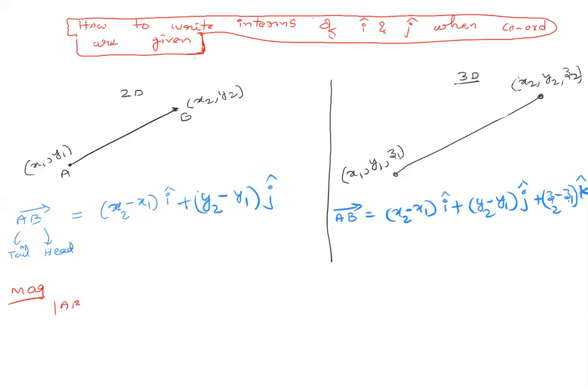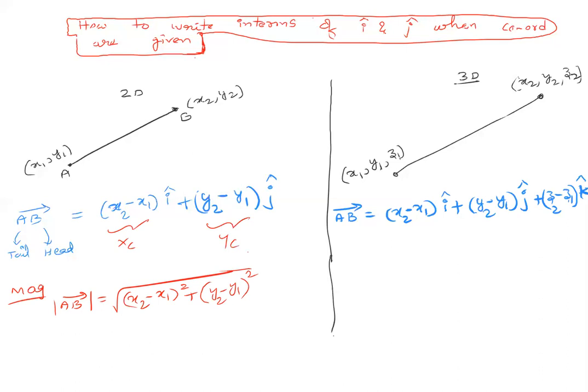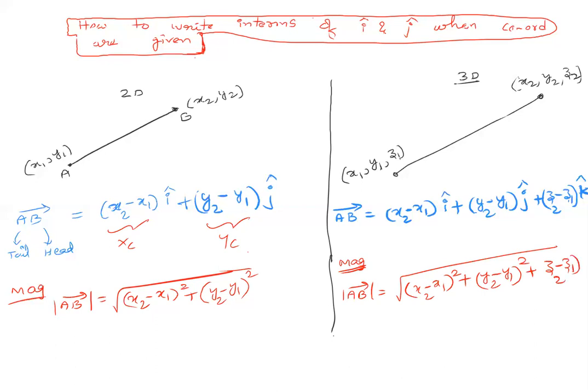Now for this part, obviously the magnitude is nothing but the distance between those two points. That is, mod of AB bar is under root of x2 minus x1 whole square plus y2 minus y1 whole square, and direction, as you know, involves the x component and the y component. And coming to magnitude in 3D, mod of AB bar is under root of x2 minus x1 whole square plus y2 minus y1 whole square plus z2 minus z1 whole square.